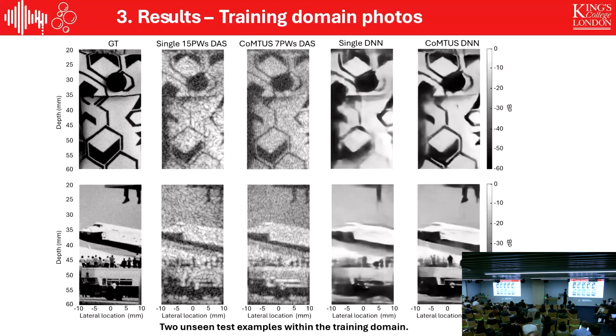We can see that COMTOS plus deep neural network beamformer can provide sharper edges and has less distortion, especially for some edges and some shapes here. And it can provide better contrast.